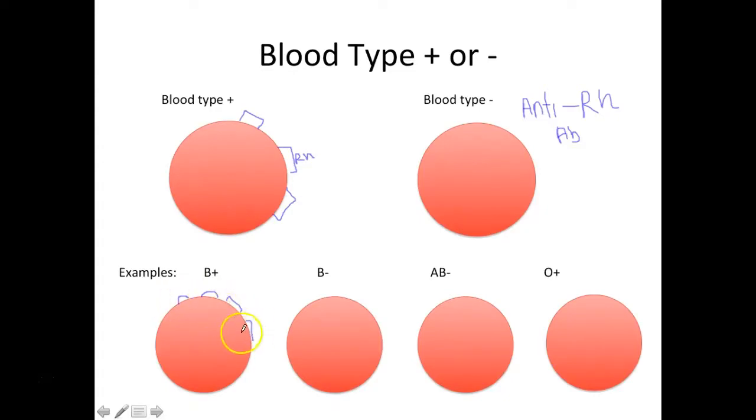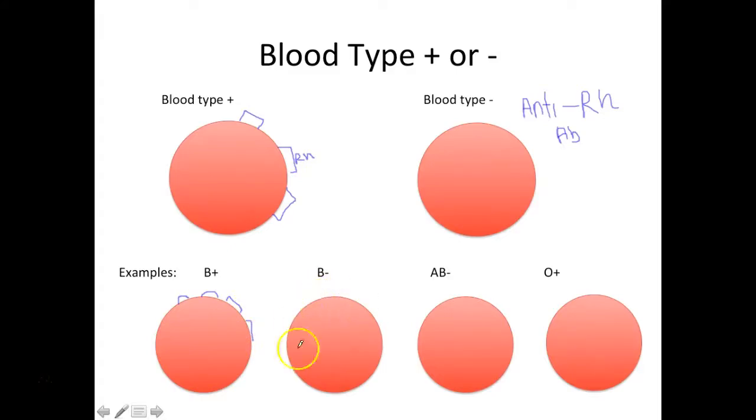So I have both of those antigens. What does that mean for the antibodies that I create? Well, because I have my B antigen here, I'm going to create anti-A antibodies. And do I need any anti-Rh antibodies? No, because I don't want to attack my own cell with my Rh ones.